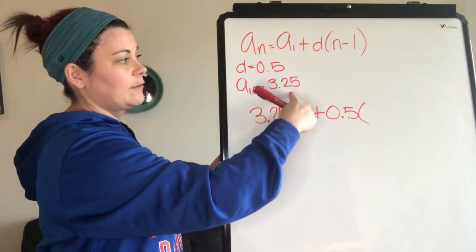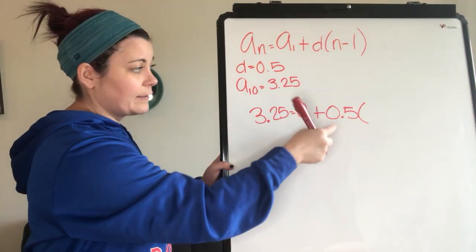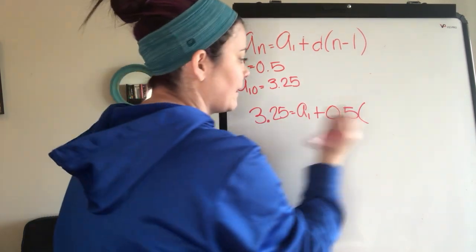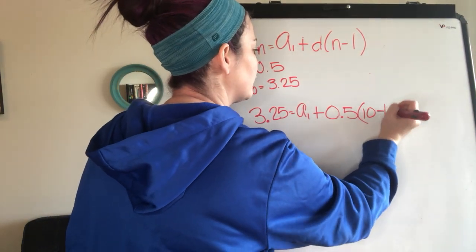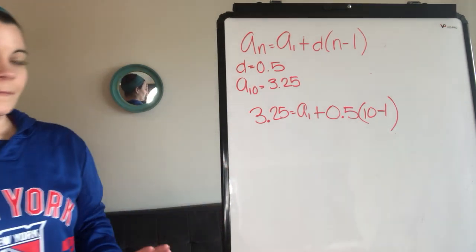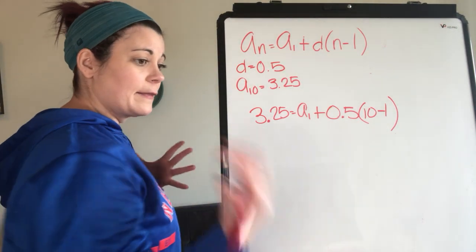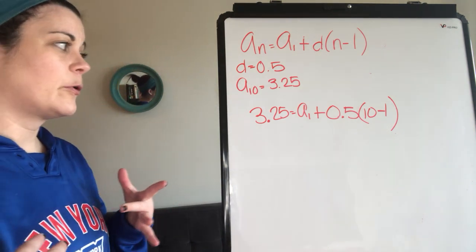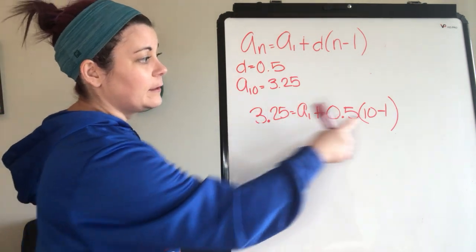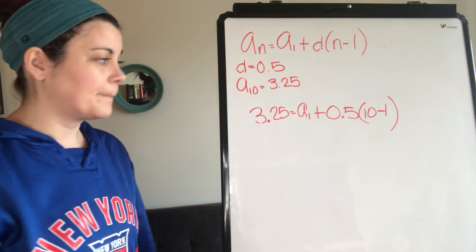If I know a to the 10 is 3.25, then to plug into this, I can write 10, because that's what n equals right now. Okay? Now I'm solving for a to the first. If I were to plug in the other point, a12 equals 4.25, and do 4.25 and then 12 here, I'd get the same answer.